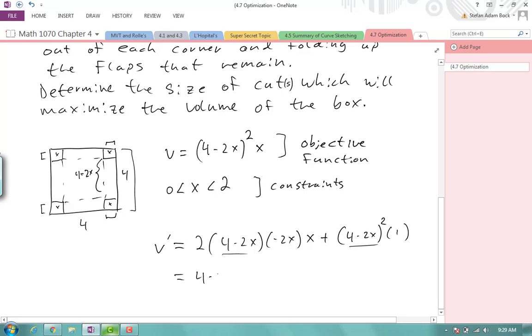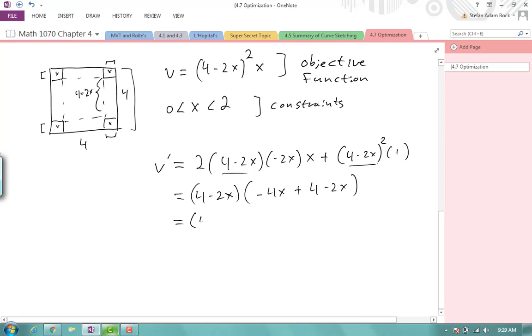I'll factor out 4 minus 2x first. That'll leave me with 2 times negative 2x times x. So that's negative 4x plus I'm going to have 1, 4 minus 2x left over. 4 minus 2x. This should be squared.